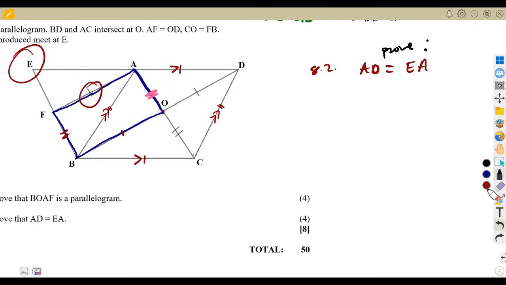This is where we have our AD, and EA, that side here. They are saying we must prove that these two sides are the same, A to E and A to D.